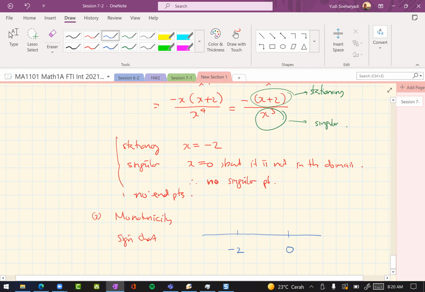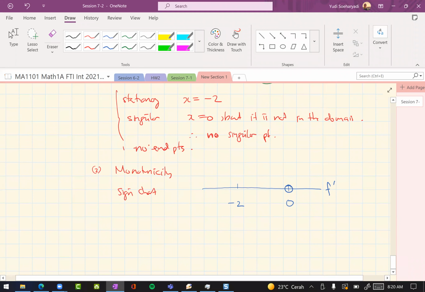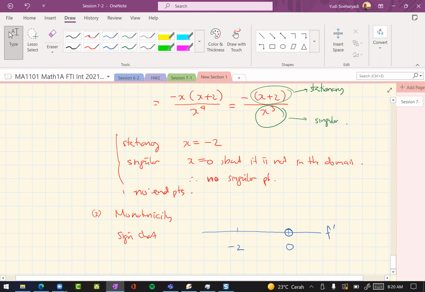And here you have whole. So the sign here, this is negative here, so it becomes negative. Across zero is power 3, right? So it will change sign. Across -2, it's power 1, so it changes sign also. Okay.